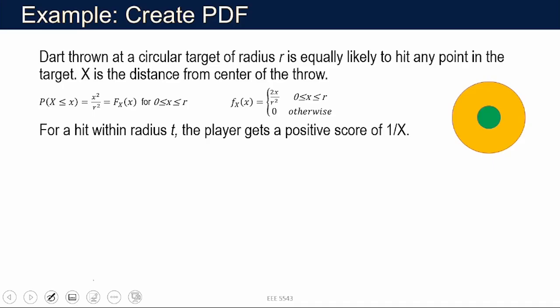We can take this one step further and define some kind of payout or score that a player gets if they hit within a specified radius t. In that case, they get a score of 1 over x. So to start, let's consider the range of values that we're interested in. In this case, our x is how far from the center we hit, and it goes from 0 to t, and then it goes from t to r.